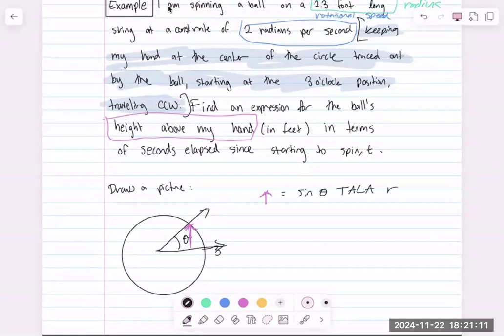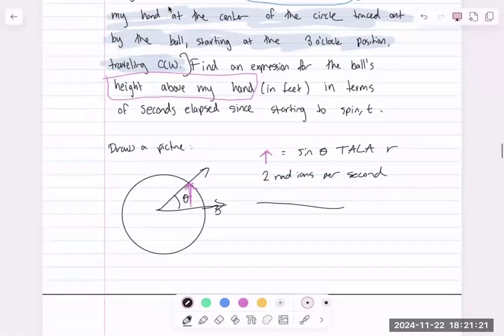And now we have to figure out what my angle is in terms of time. So we're traveling at 2 radians per second, right? So I'm going to make a table here. After 1 second, our angle now is 2 radians. After 2 seconds, our angle here is 4 radians.